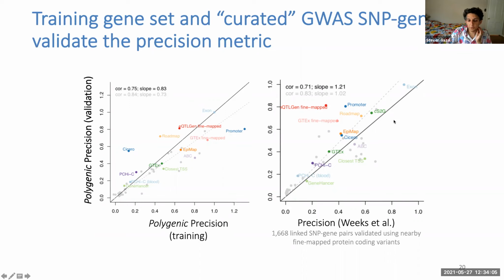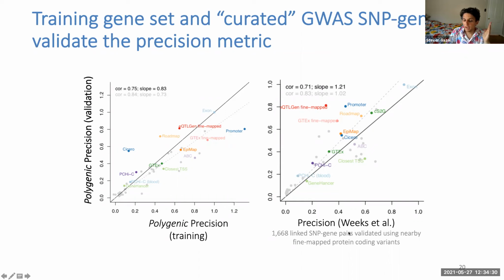And here we compare our precision estimates to some kind of real precision that has been estimated using some kind of curated disease SNP gene GWAS pairs. The way they did that is they fine-mapped some variants in multiple traits.